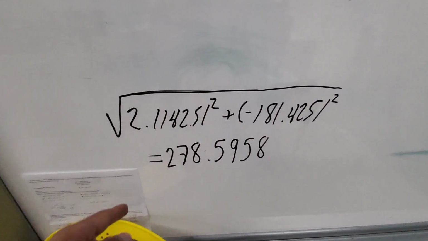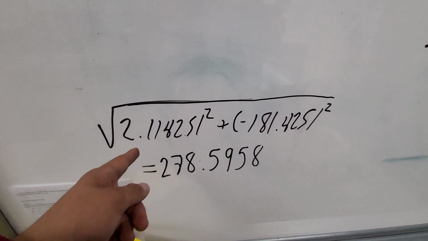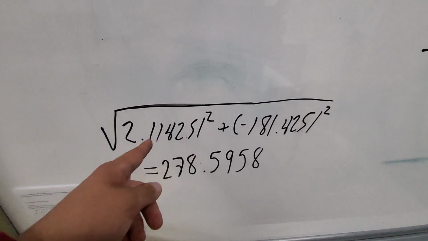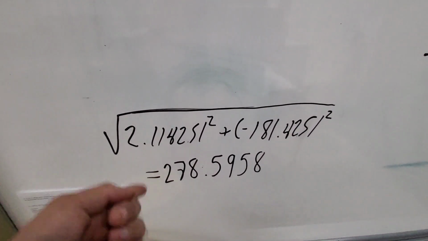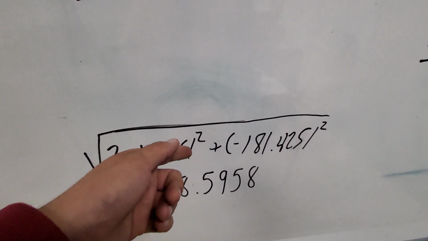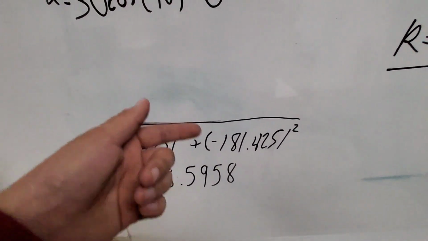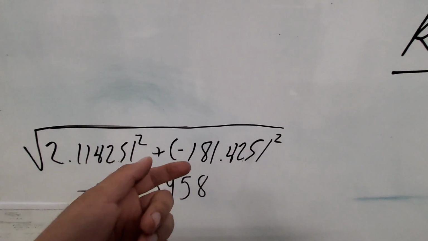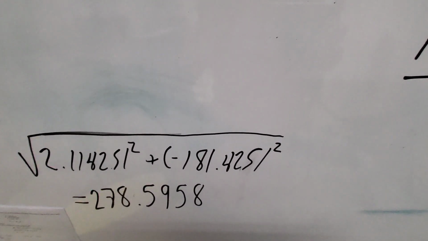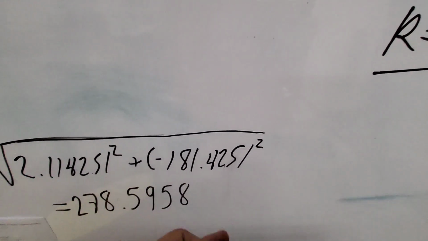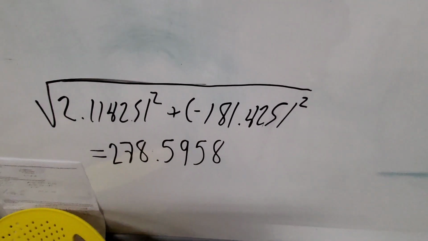So, square root of 2,114.251 squared plus minus 1,081.4 squared.